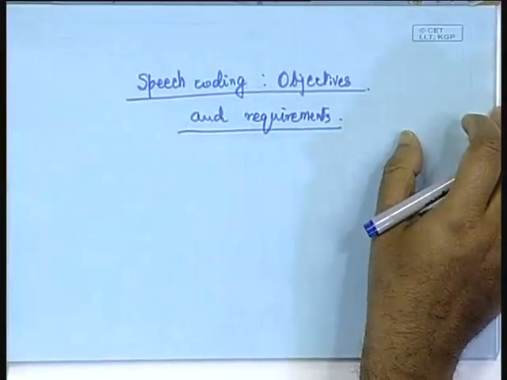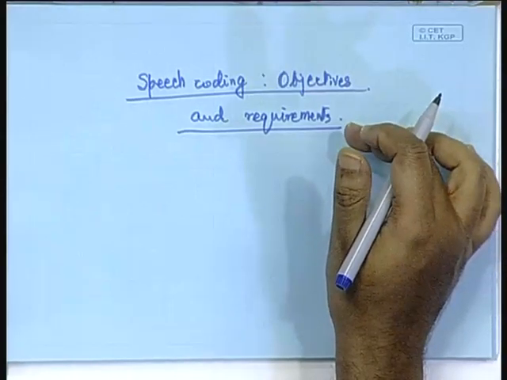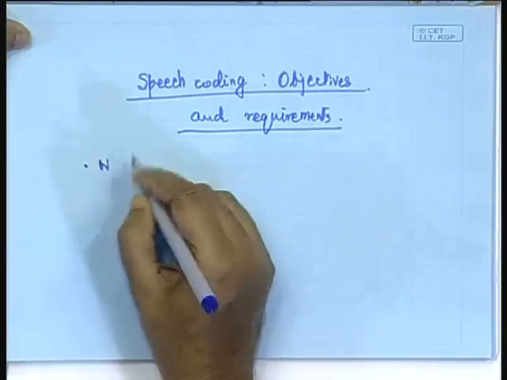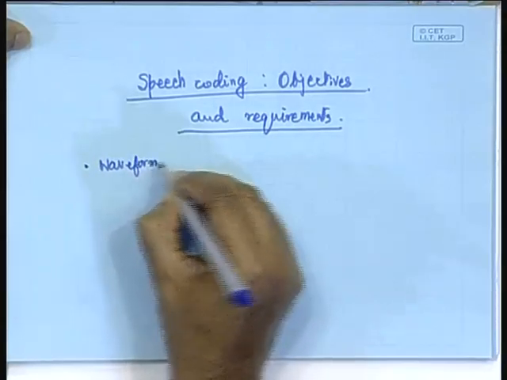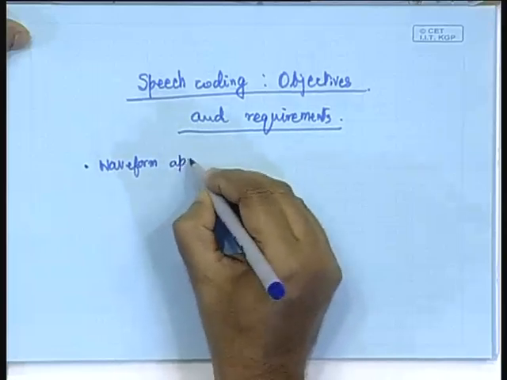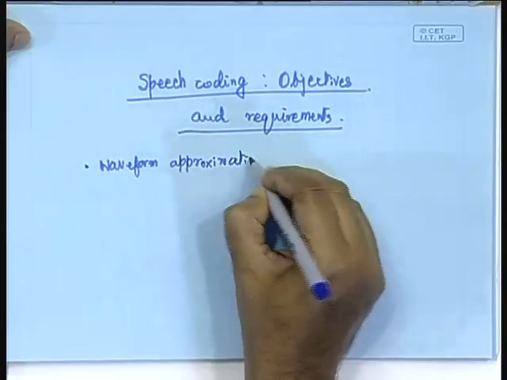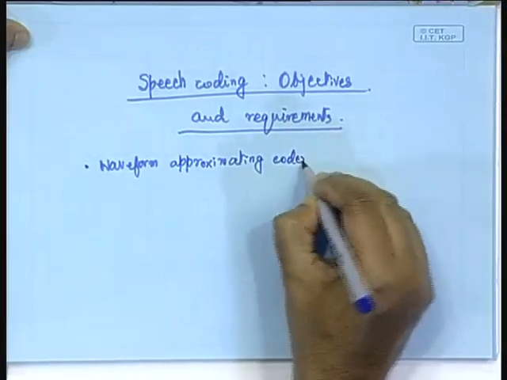Now, I have already told in the first lecture itself that speech coders can be divided into 2 distinct classes. One is what I mentioned as the waveform approximating coders, and the other is the parametric coders. Examples you already know: PCM and ADPCM are waveform approximating coders.